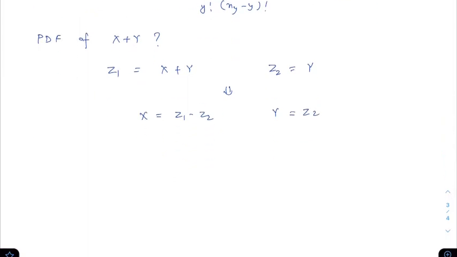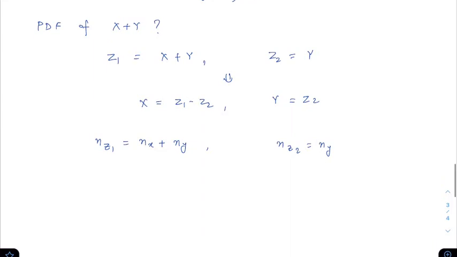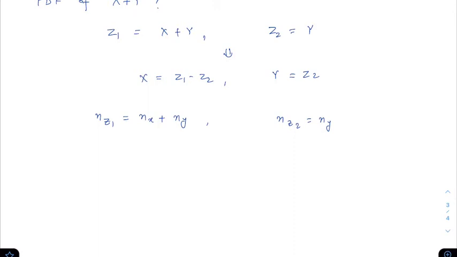nz1 is nx plus ny, and nz2 is ny. So we've seen before, when we do a transformation of variables for discrete PDFs, the new PDF and the old PDF just display an equality without any Jacobian.